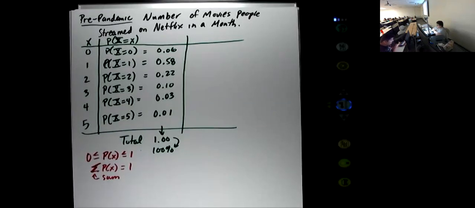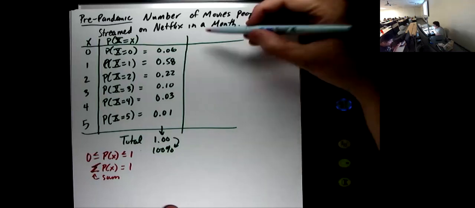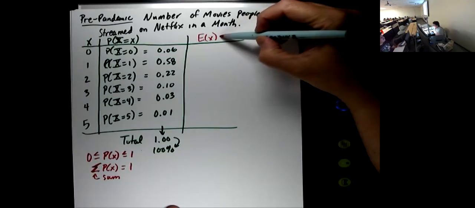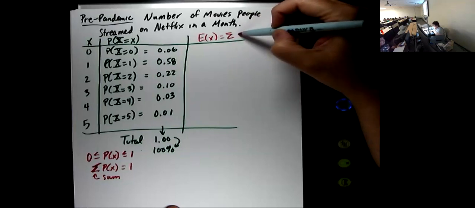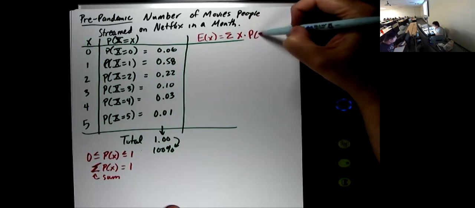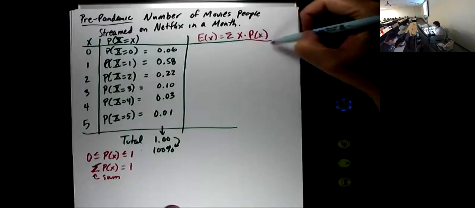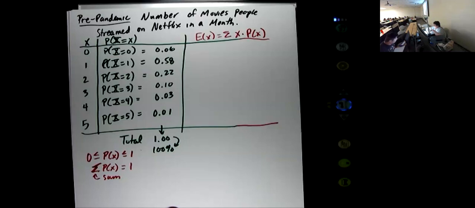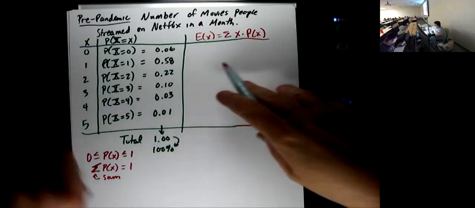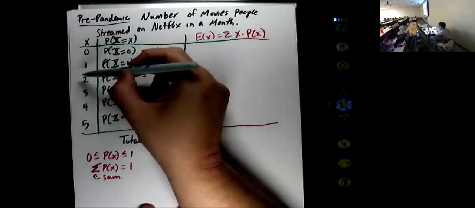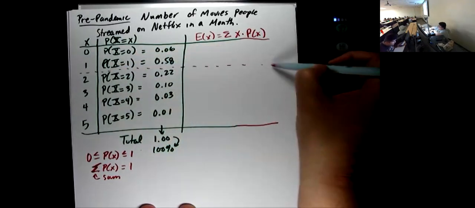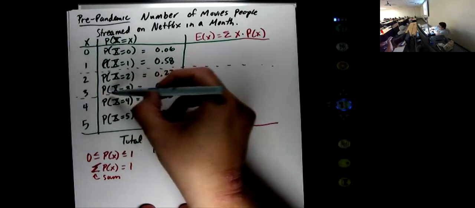Well, let's figure out what our expected value is. Our expected value is the sum of X times P of X. So I'm going to multiply the stuff from the first 2 columns. There's a lot going on here, so I'm going to put a little dotted line after every 2 to make it easier to follow.